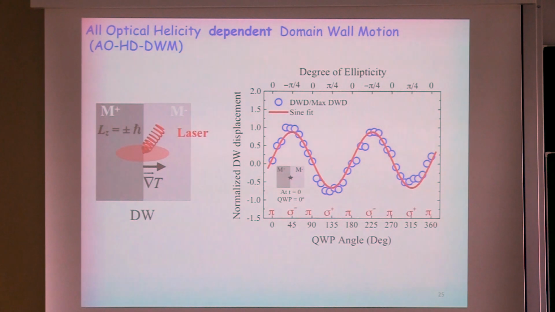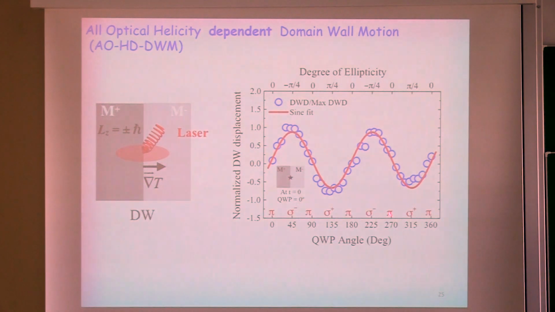with this helicity-dependent effect. What we did here, you know that to change the helicity, you just have to change the angle of a quarter wave plate, and that's what we did. So we go from linear to sigma minus, linear again, sigma plus, and you see clearly the displacement that's happening when you change the helicity.